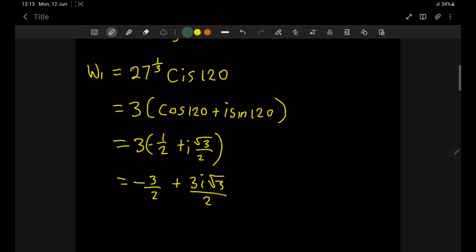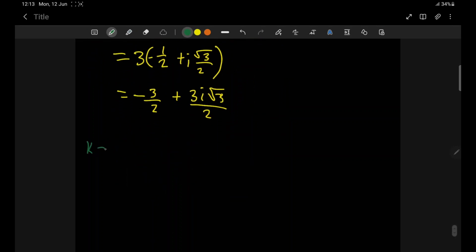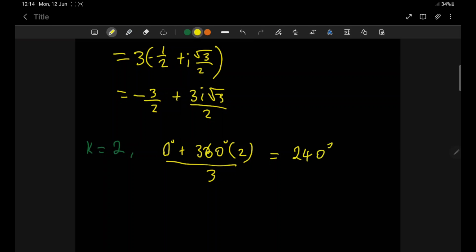The last one is for when k is equal to 2. Finding our angle, we have 0 degrees plus 360 times 2 over 3. So 360 times 2 divided by 3 gives us 240. So our angle here will be 240 degrees. Replacing the angle in our formula, w of 2 will be equal to 27 to the 1 over 3, then cis of 240.